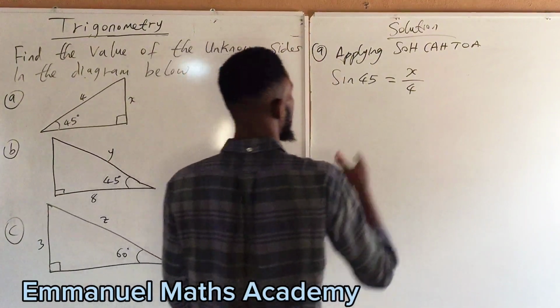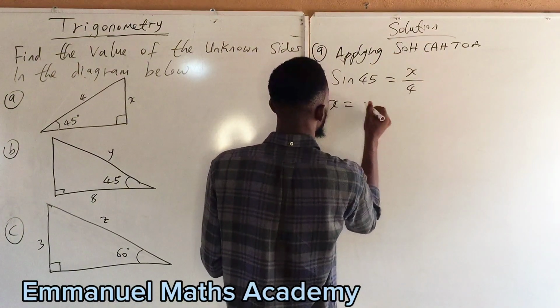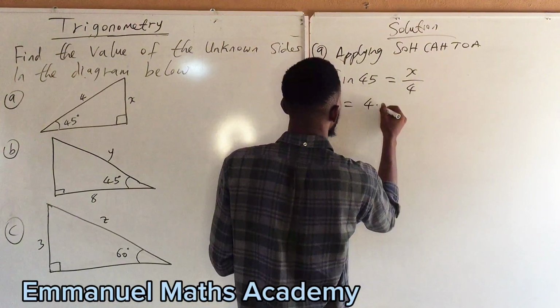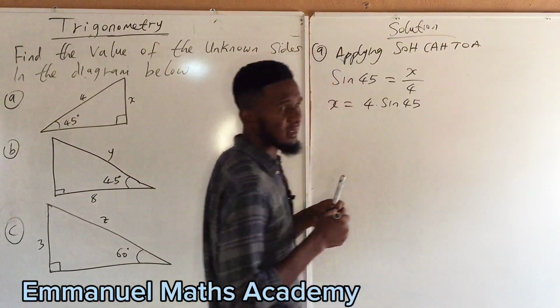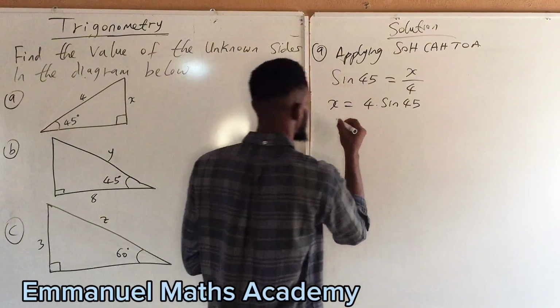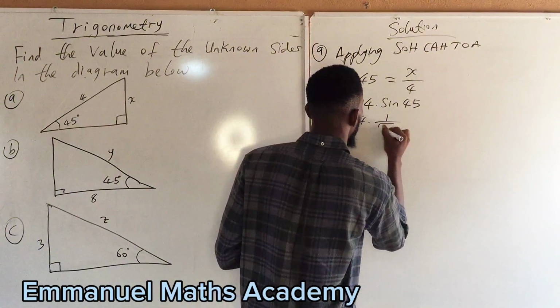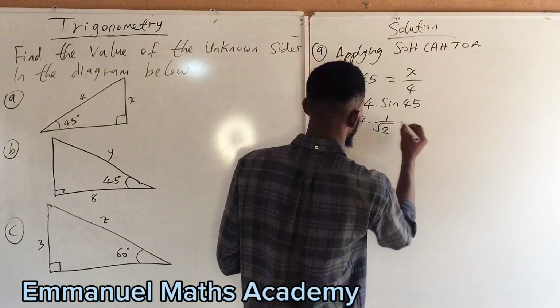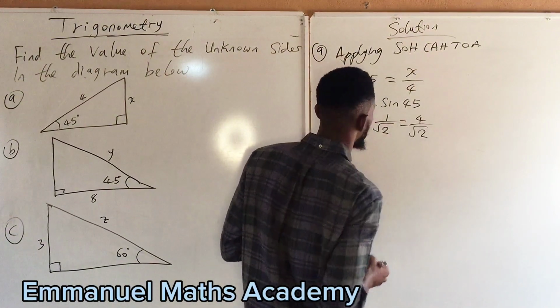Now making x the subject of the formula, you cross multiply. That means x is equal to 4 times sine 45. So what is sine 45 in our special angles? Sine 45 is 1 over root 2. That means this is actually equal to 4 over root 2.